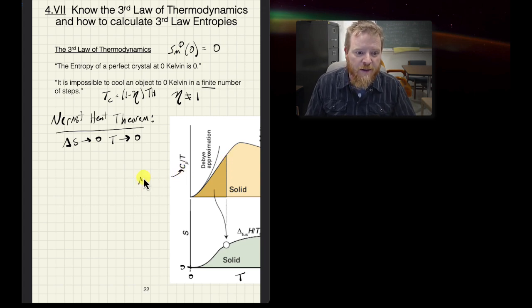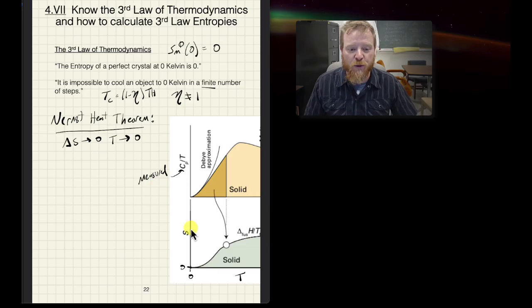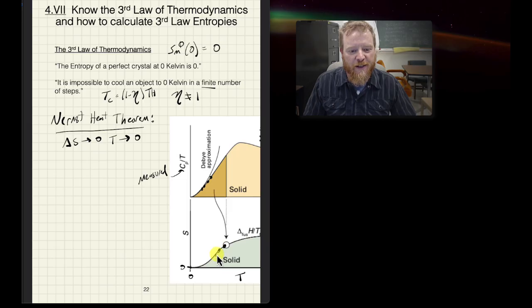Remember, that's the measured quantity. We measure heat capacity and determine entropy through that measured quantity. So we can measure it down as low as we can get. Let's say each one of these represents a data point, and those get converted into entropy via that relationship. So we get down as far as we can go, and let's say that's as far as we can get.